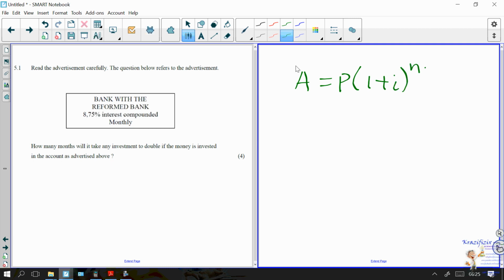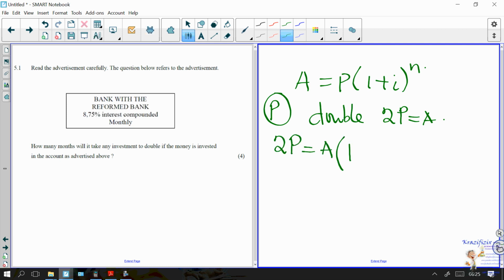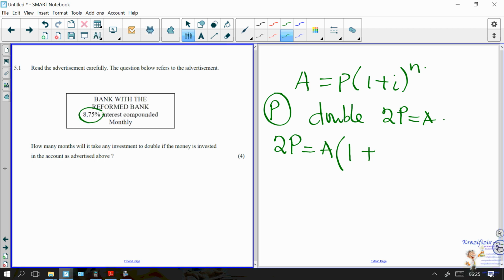But the issue here is we do not have the value. So if my principal value is P, to double the amount, what am I going to have? 2P, which means 2P will be my A. So we just come in here to say 2P equals A, 1 plus, now what's my interest? My interest is 8.75%. You must divide that quickly.